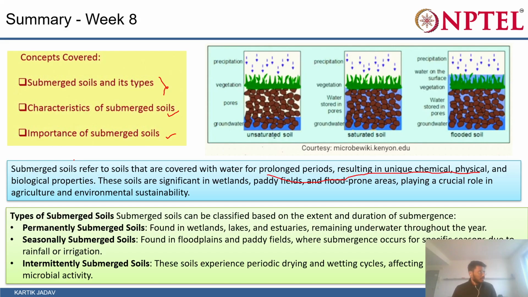So always, if you have a condition like waterlogging, if you are applying irrigation, if you are doing certain recharge, you must remember that whether it is happening naturally or through anthropogenic activity, all this causes unique physical, chemical, and biological properties of that particular soil or surrounding condition.